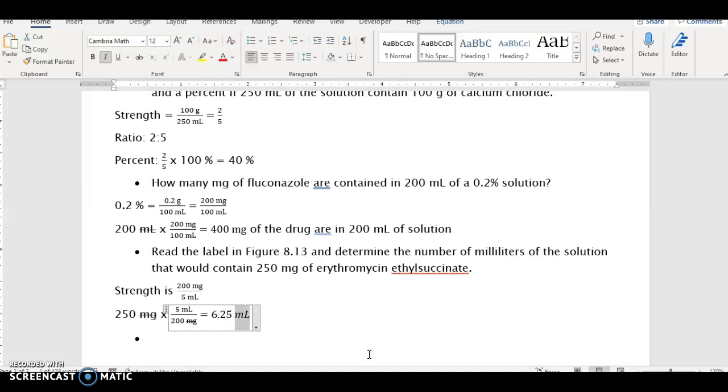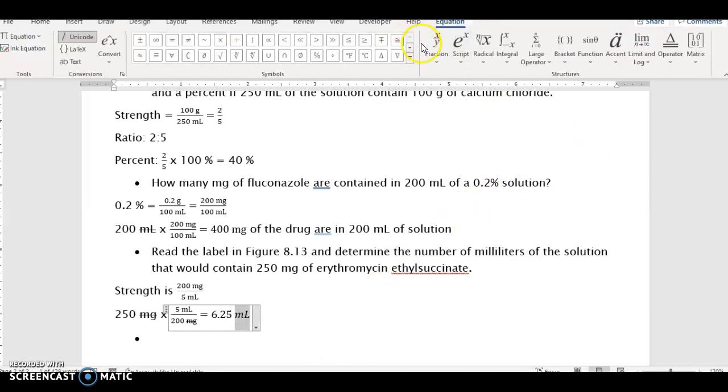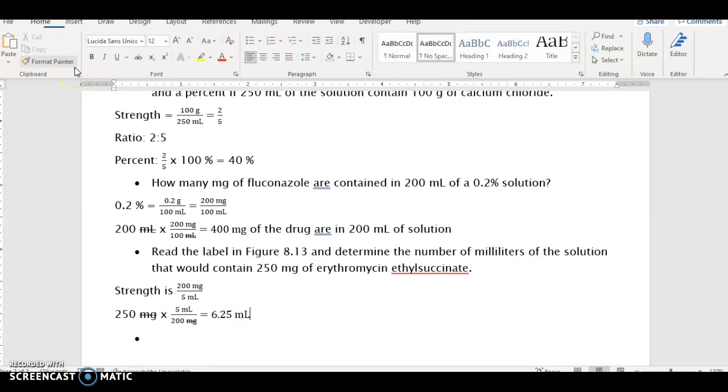Now keep in mind that depending on the device you use to administer the medication, it may only be accurate to 1/10 of a milliliter. So in some cases you may see the answer rounded to the nearest tenth. If that's the case, then it would be approximately 6.3 milliliters rather than 6.25. But the exact answer is 6.25.